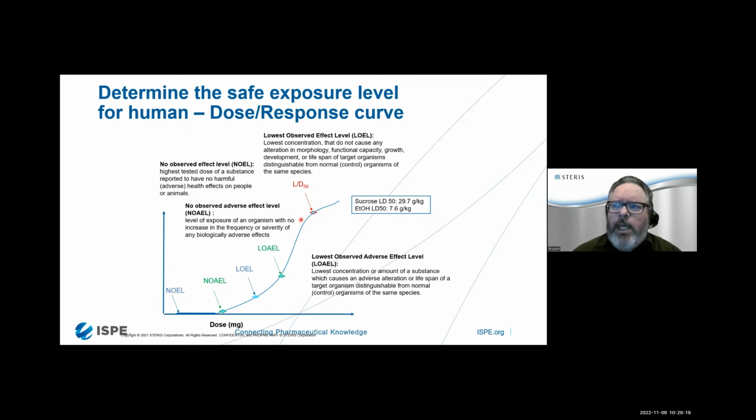So what I recommend, if you're seeing an LD50 value, try to look at the original study and see if the study actually had the dose that killed 50% of the population. If it did not, then look at interpreting that as a LOEL or NOEL value based on the results of that study.